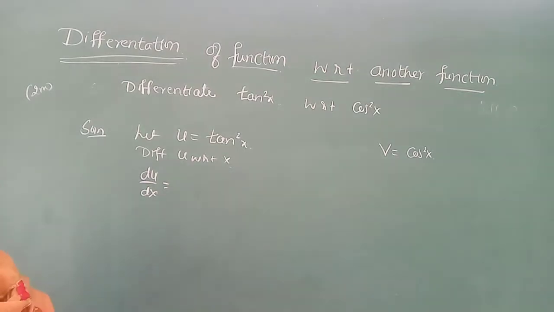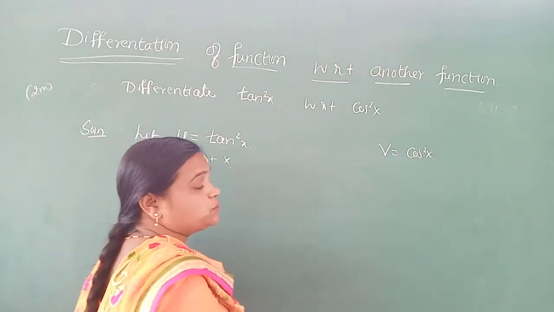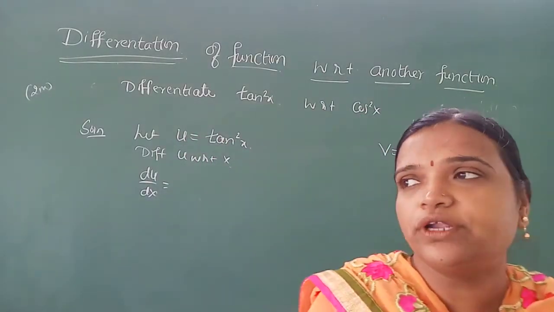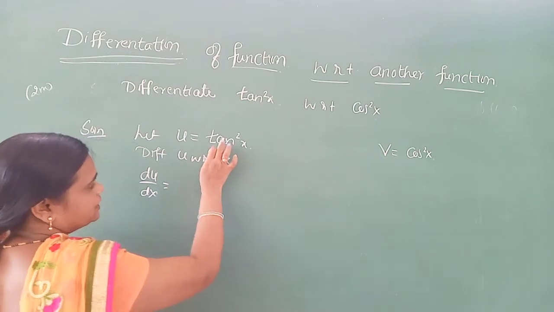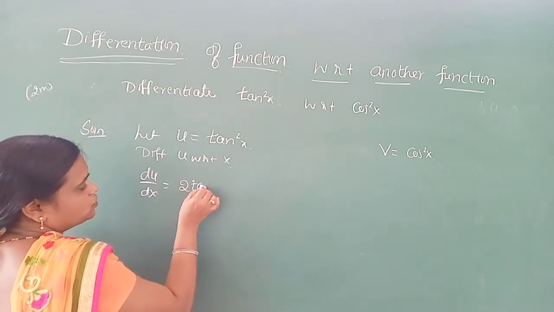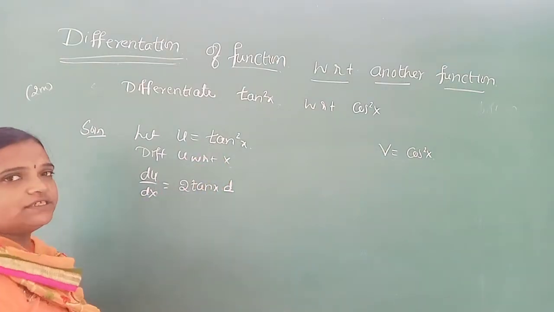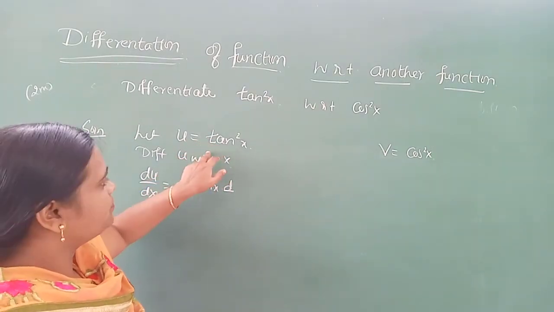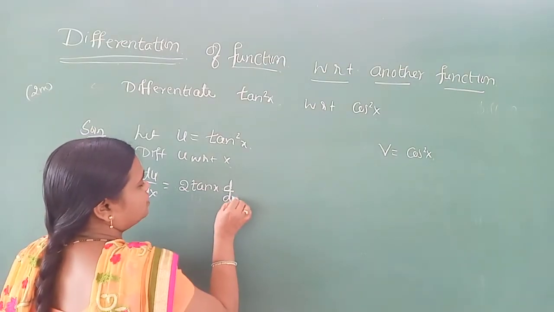We know that it is function of function differentiation, meaning it is tan square x. X square differentiation is what? 2x. Similarly, tan square x differentiation is 2 tan x. In function of function, first we have done the differentiation of x square, next one is tan, therefore d by dx of tan x.